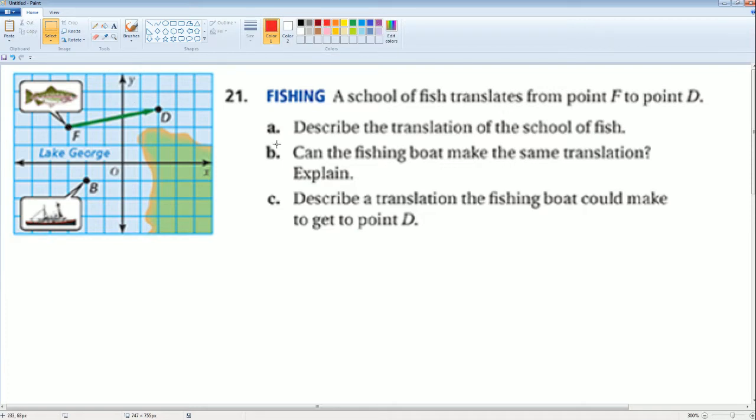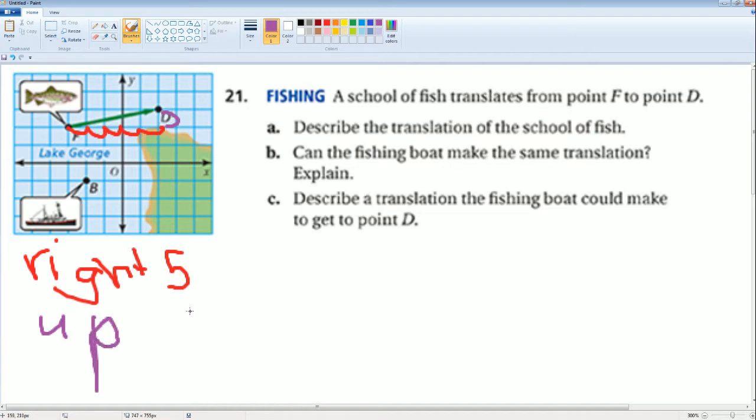So it went in the x direction. Let's see how many times. 1, 2, 3, 4, 5. So x, it went right 5 times. Then I'll make purple to go up. Then it went up 1 time. Okay.